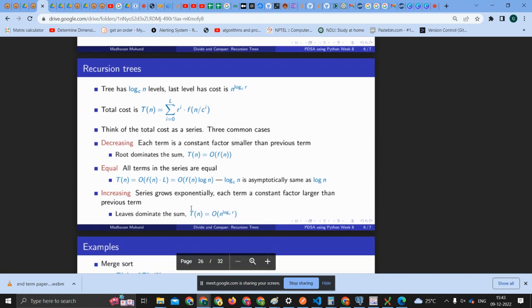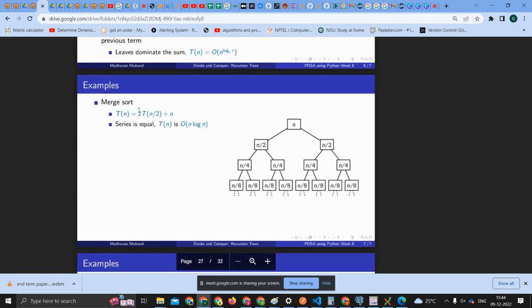I told you, for equal terms, it is big O of f of n into log n. This is the merge sort, correct?